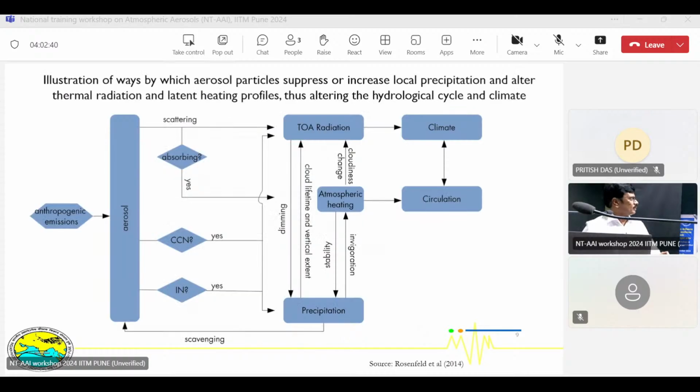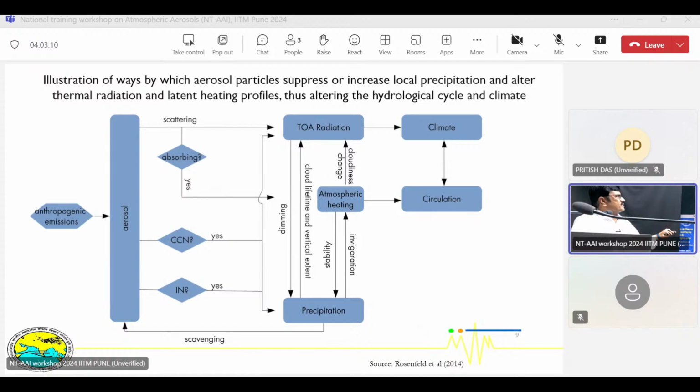So here, anthropogenic emissions will lead to aerosols, and not only anthropogenic emissions, even the natural emissions put out a lot of aerosols. Most of them are cloud condensation nuclei. Very few contribute to ice processes, and there are scattering type and absorbing type.